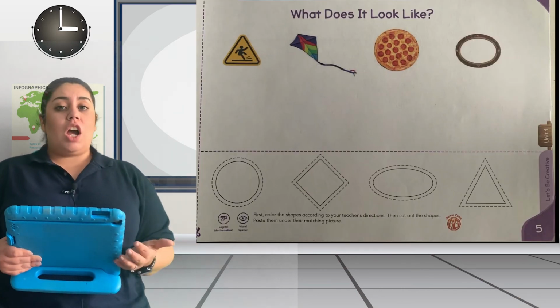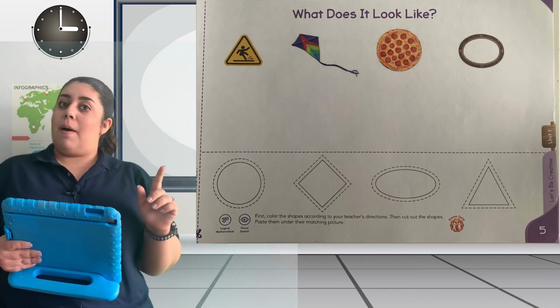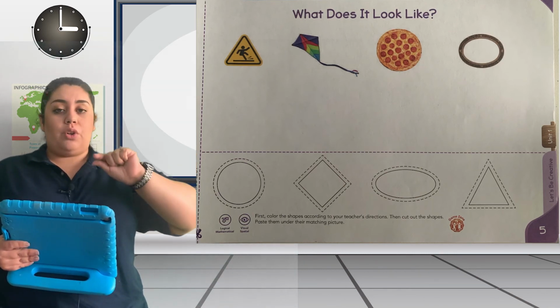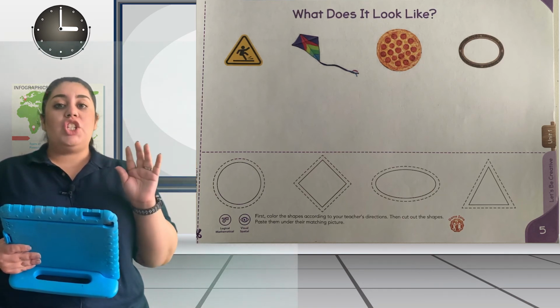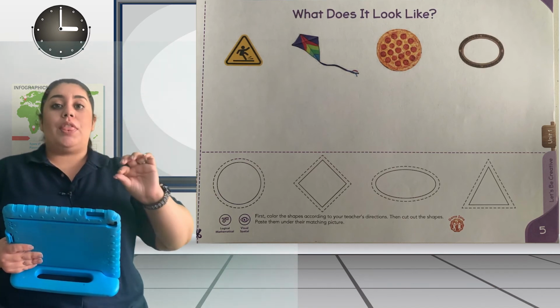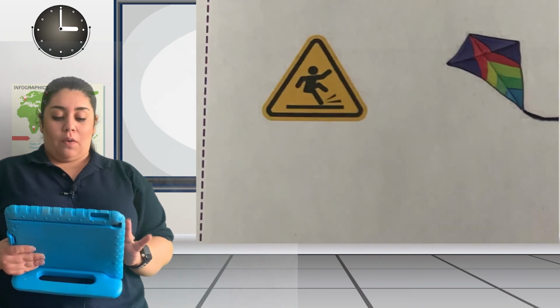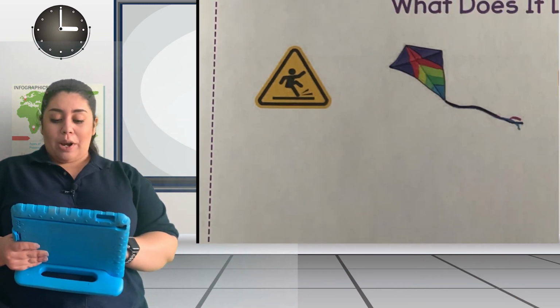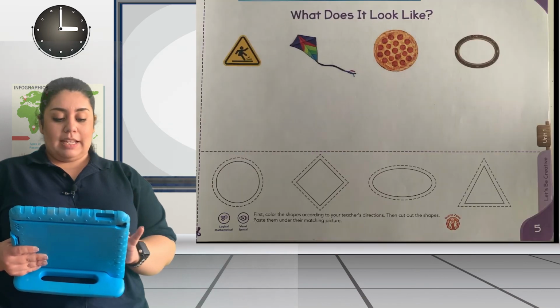When you finish coloring them, you are going to use some scissors with the help of mom and dad, and you are going to cut the circle.